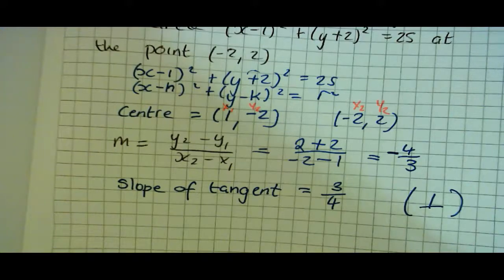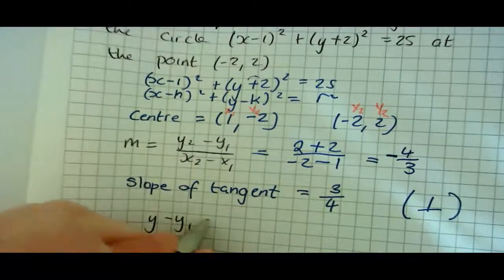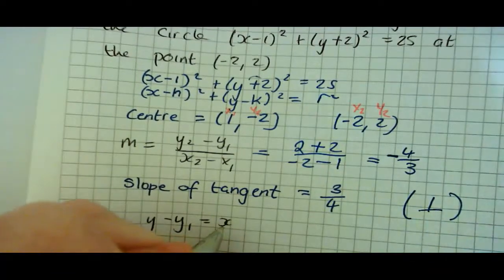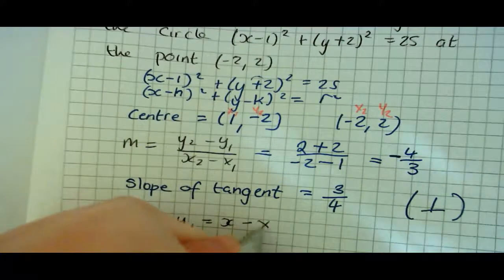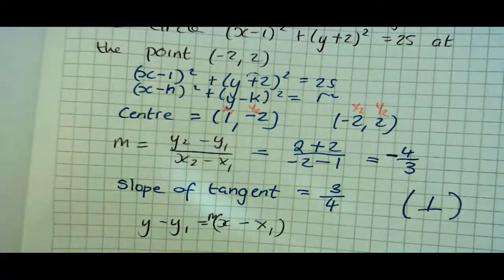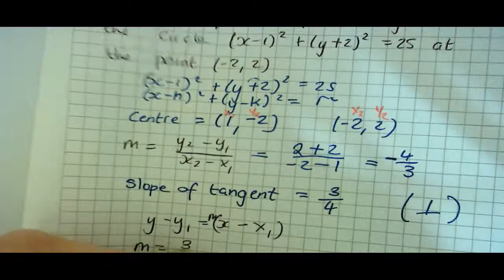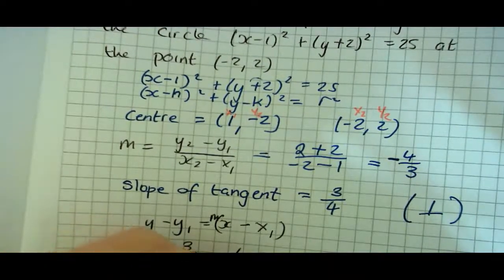So we change the sign and turn it upside down to find the slope. So then we can use the equation formula. So y minus y1 is equal to m times (x minus x1), and don't forget our m's in there. So we have our slope and our point. So our m is equal to 3 over 4 and our point is (minus 2, 2).